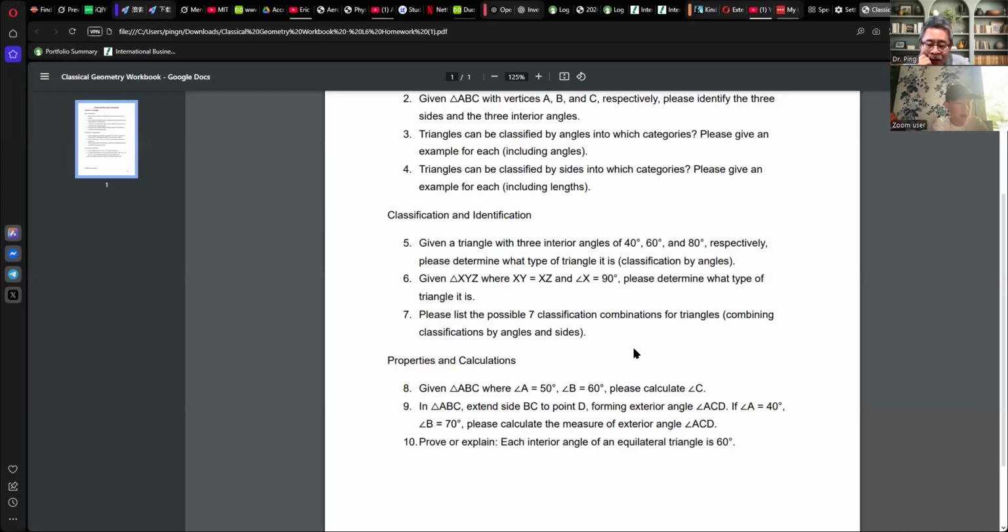Very good. Number 6, given triangle XYZ where XY equal to XZ and angle X equal to 90, please determine what type of triangle it is.